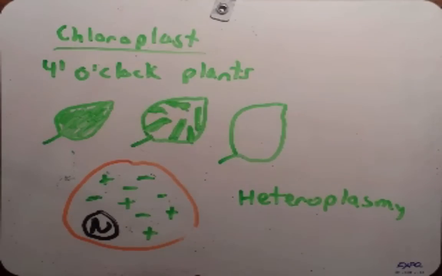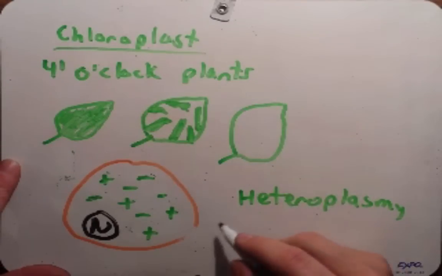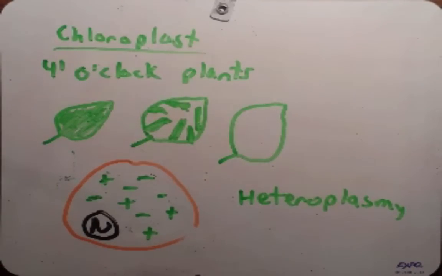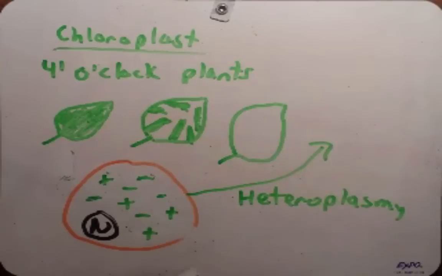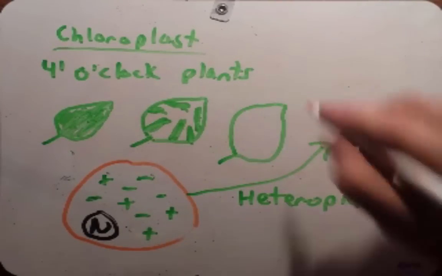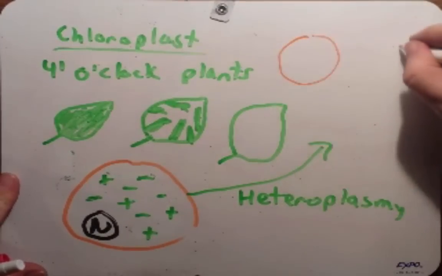And as the cell divides, what will happen is it will produce some cells with more or fewer wild type ones. So as this cell divides, I need to draw it up here. Let's say over time we produce a whole bunch of different cells.